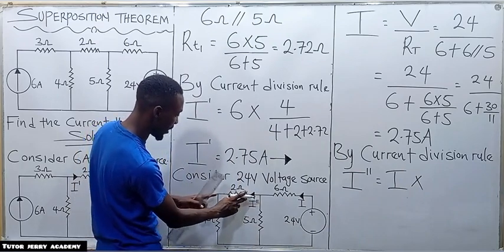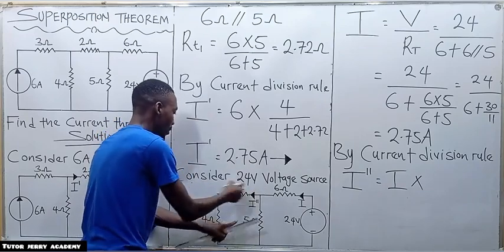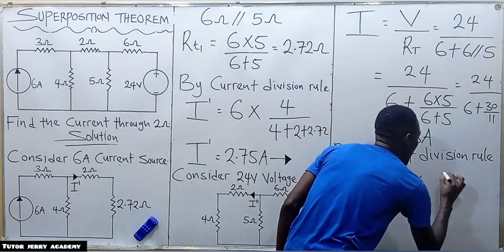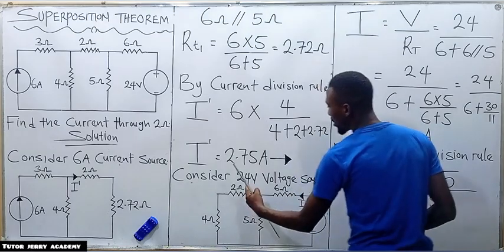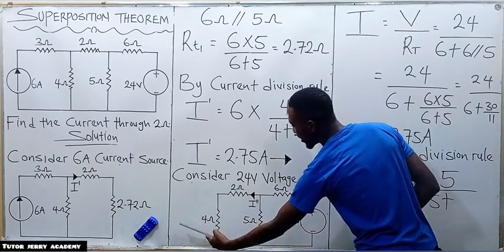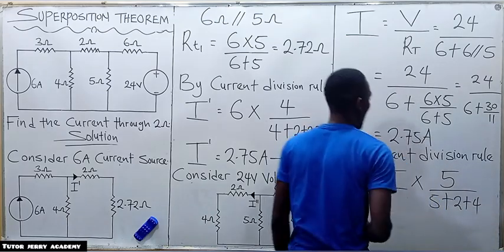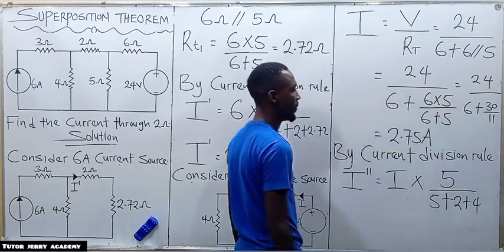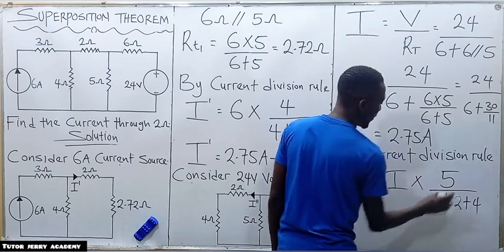If you look at this branch, the opposite branch to this branch is this branch. So it's going to be 5 over 5 plus 2 plus 4, because they are in series. So it's going to be 2 plus 4. And 5 plus 2 plus 4 is 11.